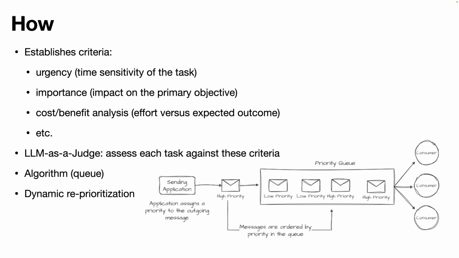Then, based on the output from that judge, you put all these tasks into a queue and assign different priority levels to each task. This reminds me of the priority queue pattern from traditional software development. Your workers, in our case AI agents, can pull these tasks and process them according to the priority.